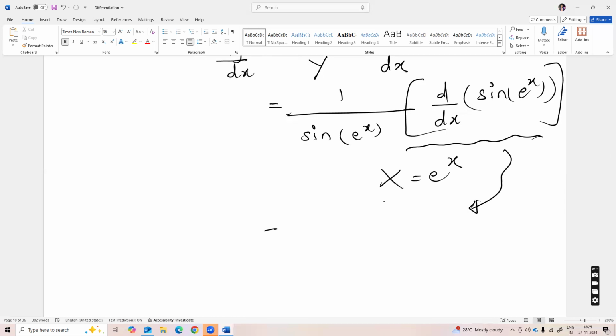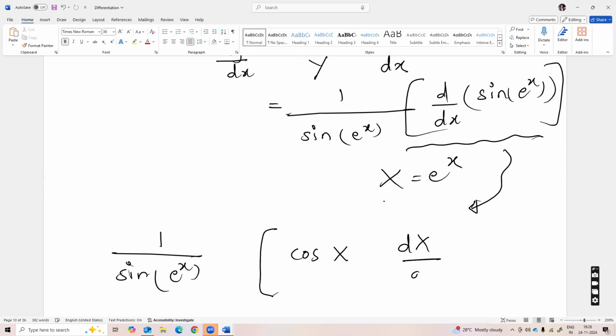Again, using the chain rule, let's keep this outside on the sine because it is the outside derivative. The derivative of sin X is cos X, into dX by dx.